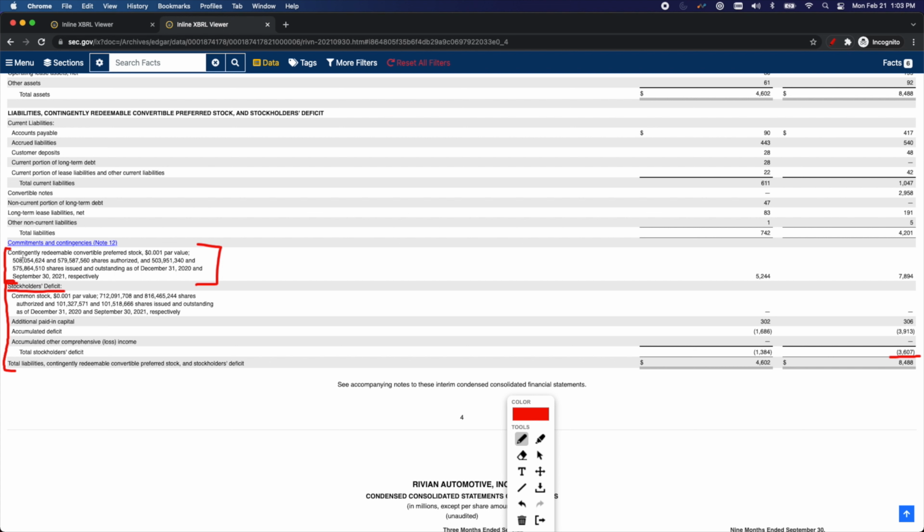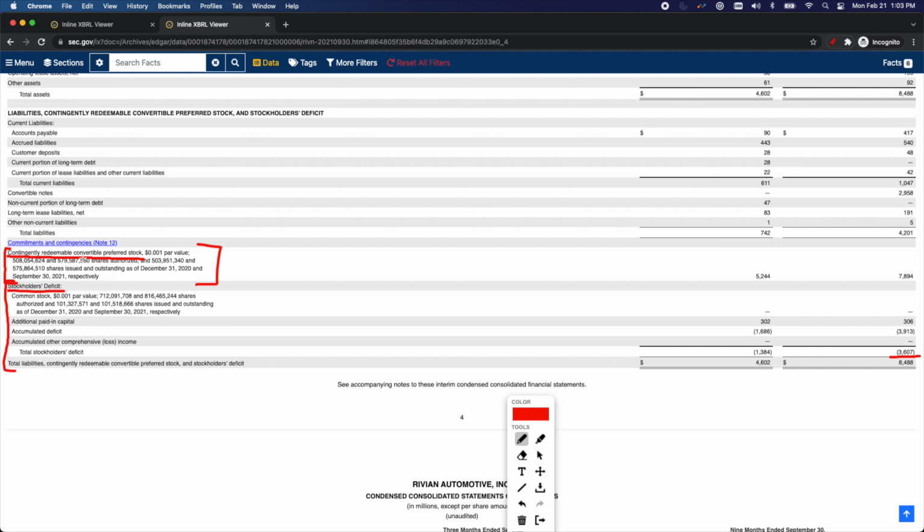under commitments and contingencies. As you can see, let me read: contingently redeemable convertible preferred stock. So Rivian had to issue preferred stock. The thing with this preferred stock is that it can be converted.